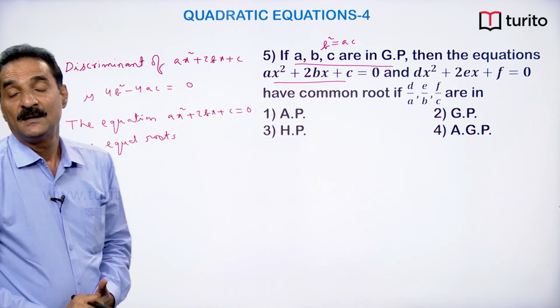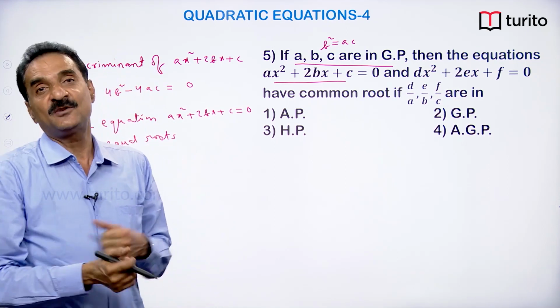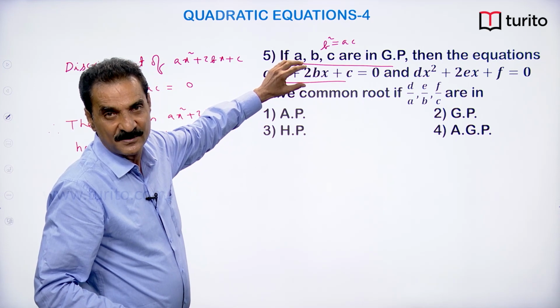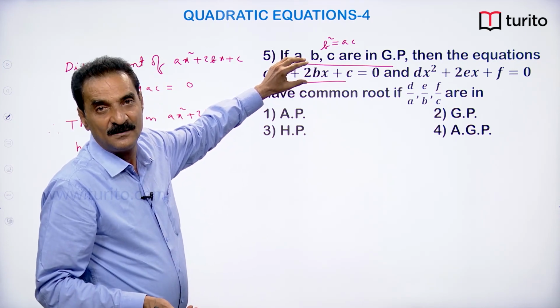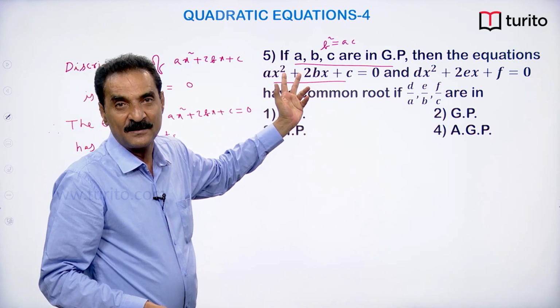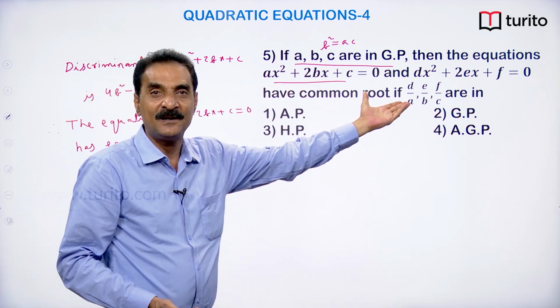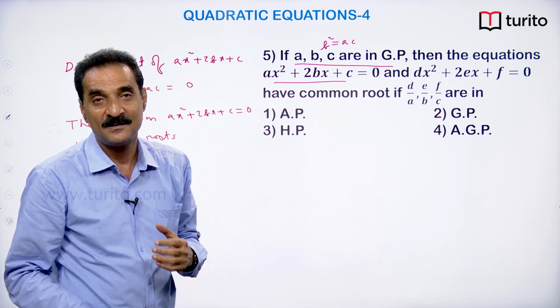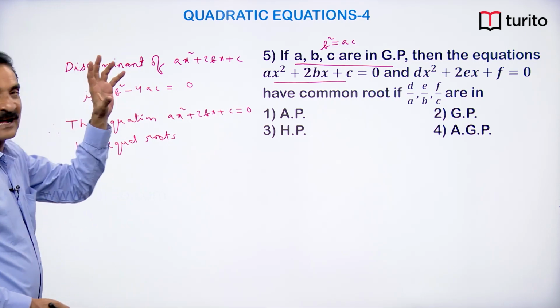Now, suppose alpha is a root of this equation, the second root is also alpha. That means this is a perfect square. Roots of the first equation are alpha and alpha. Then what is the common root? That must be alpha only. That alpha should satisfy the second equation.